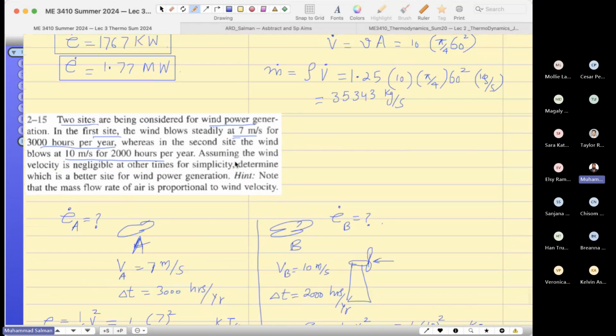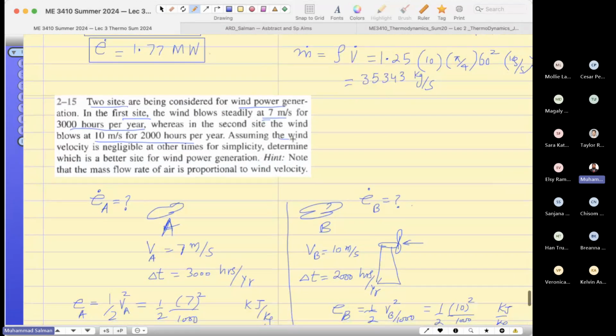The question states that the mass flow rate is proportional to the wind speed. When it says proportional to wind speed, the diameter is the same. You will install the same diameter. Let's assume the projected area of the wind turbine is 1 meter squared.